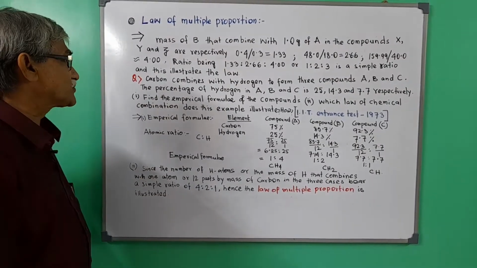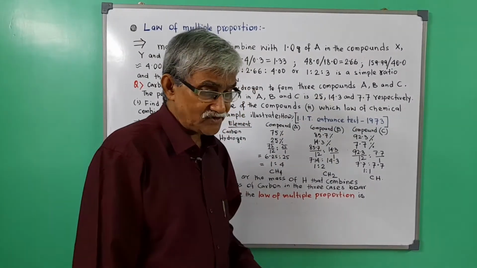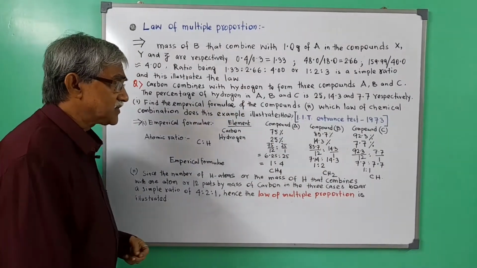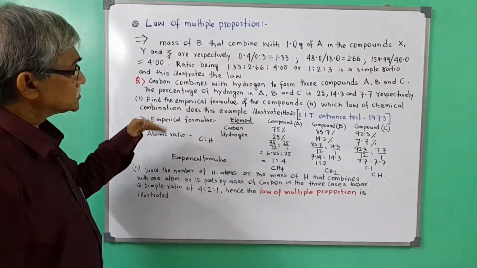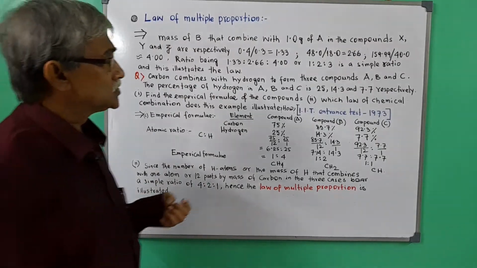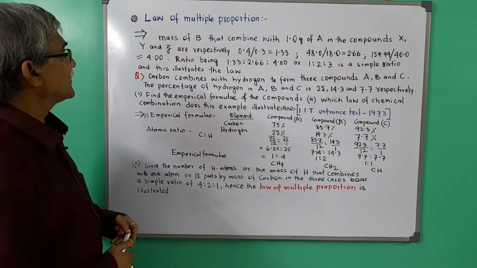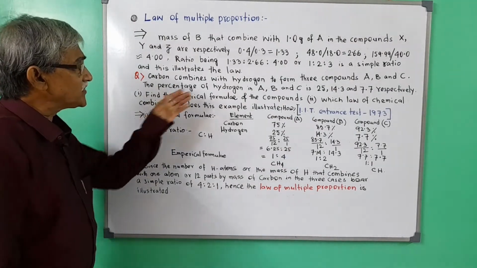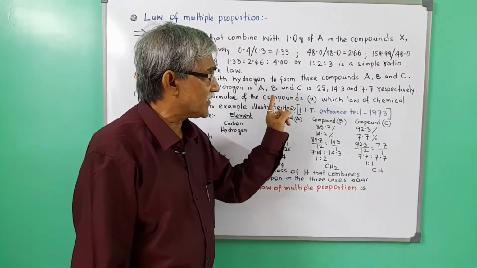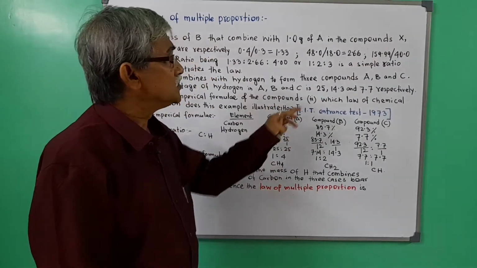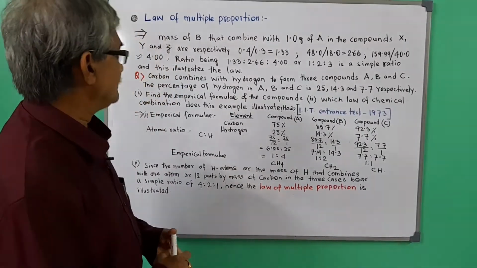Now let us come to the next question. This question was set in the IIT entrance test 1973, a subjective question. Carbon combines with hydrogen to form three compounds A, B and C. The percentage of hydrogen in A, B and C, mind you percentage, is 25, 14.3 and 7.7 respectively.